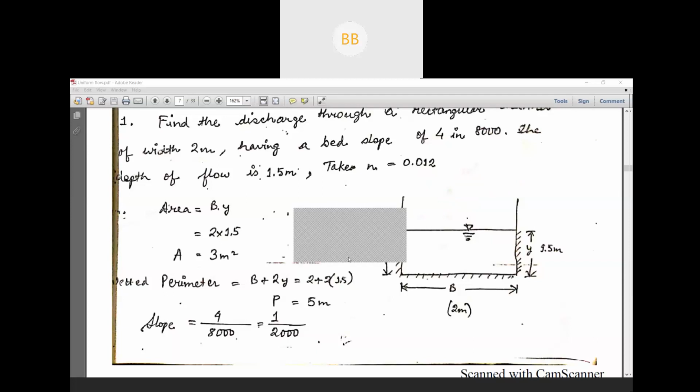Here b is 2 meter and 2 multiplied by 1.5, so the wetted perimeter is 5 meter. The slope is already given as 4 by 8,000. You can also write 1 by 2,000, it's up to you, because at the end you are going to use a calculator, so you can directly substitute 4 by 8,000, it doesn't matter.